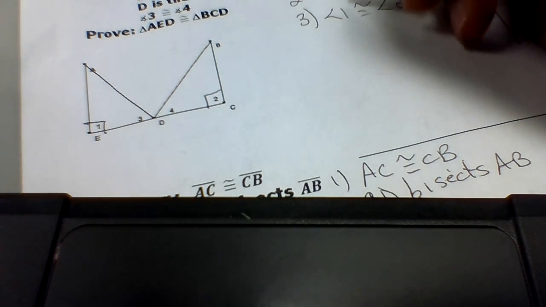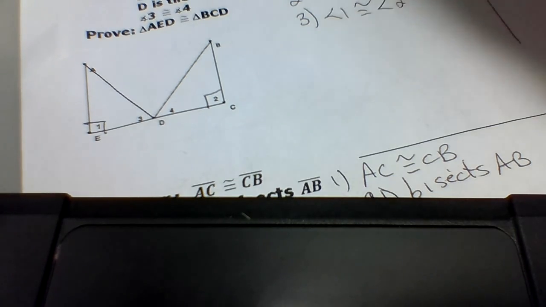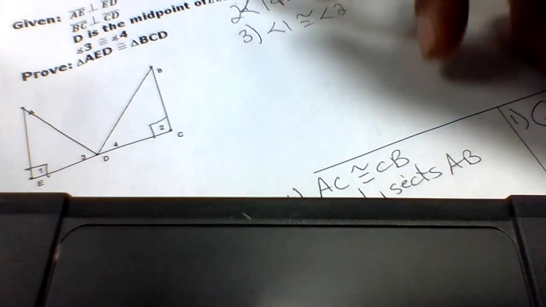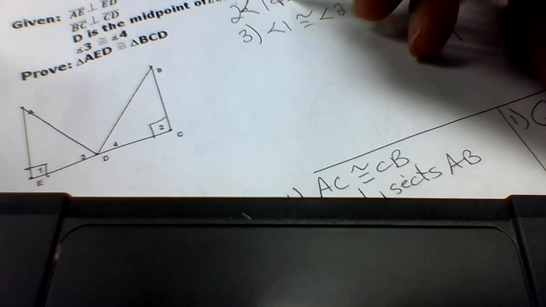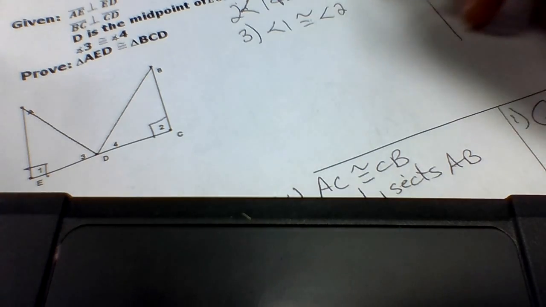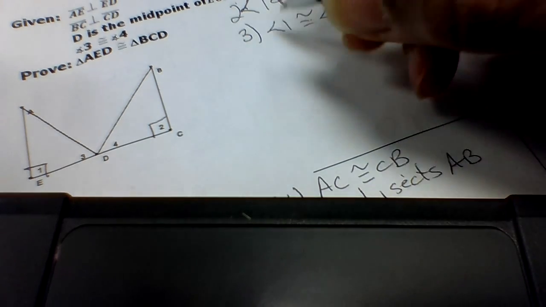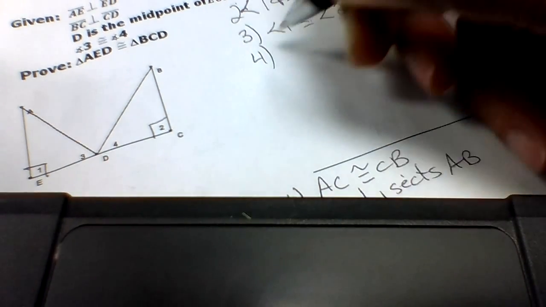So you need these two statements if you have perpendicular lines. If you don't have perpendicular lines, then you would only need one statement. But because they're perpendicular, you need these two statements. You're going to state that you have right angles, and then you're going to tell that the right angles are equal to one another.